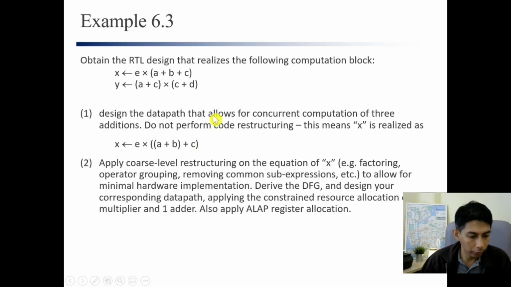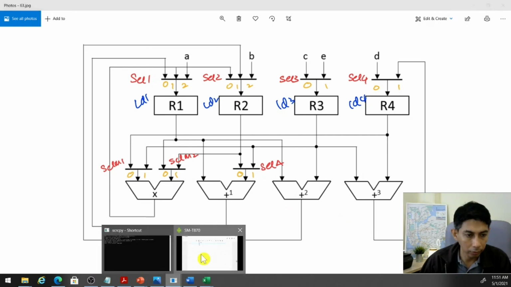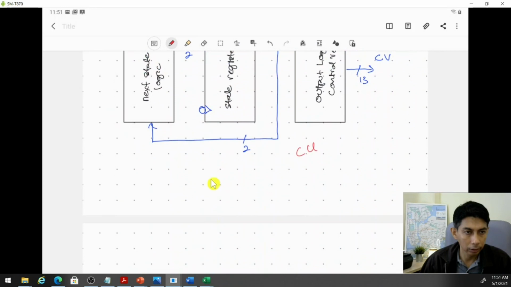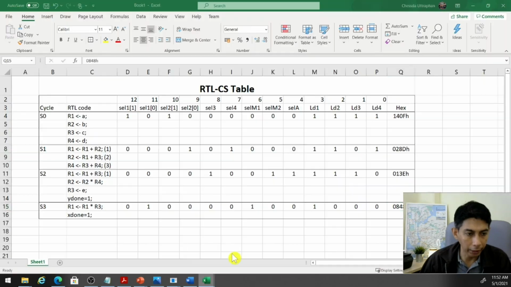Later in the next video, I will show you how to write the code to represent this data path and also the CU, the control unit, and it will be based on this control sequence or control vector, right? So see you in the next video.